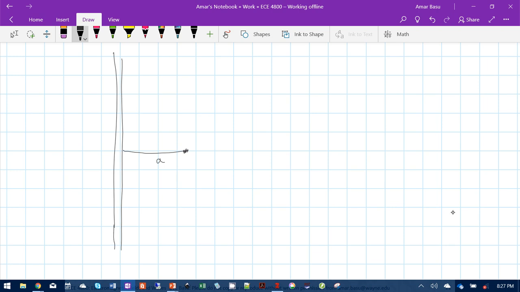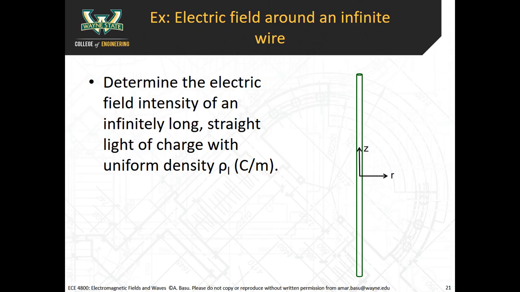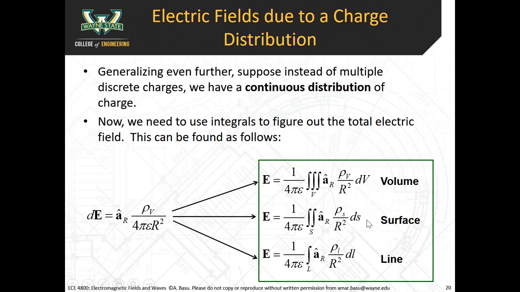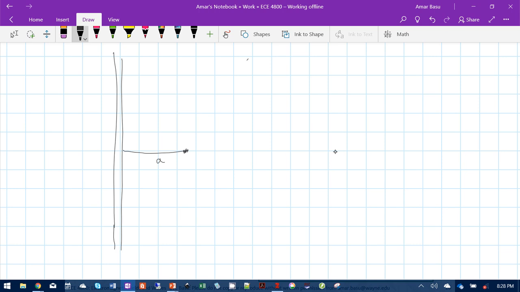All right. So we want to find the total electric field. This is the equation that we'd want to use. The line charge density, 1 over 4 pi epsilon integral of a_R, rho L over R squared dl. So let's write that down.